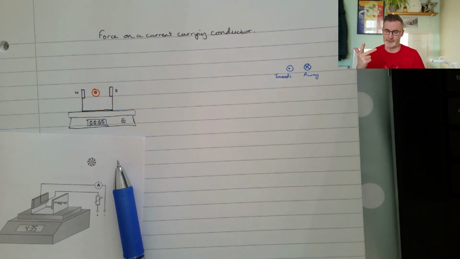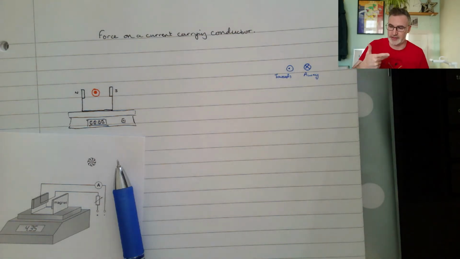F, B and I, we're going to have our fingers at 90 degrees to each other. So 90 degrees in every one, and so this is going to be our force, magnetic field strength, and I should have thought about this before actually doing it, because I'm going to contort my hand in an awkward way.